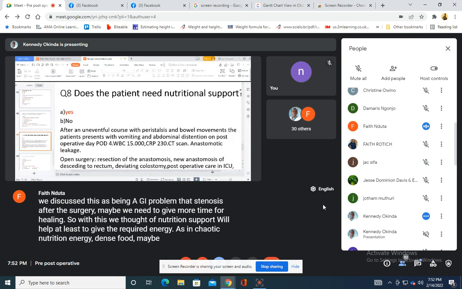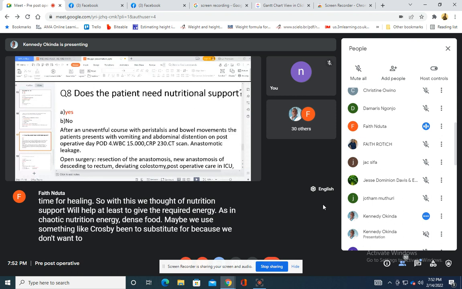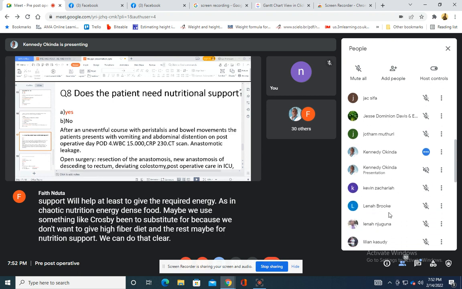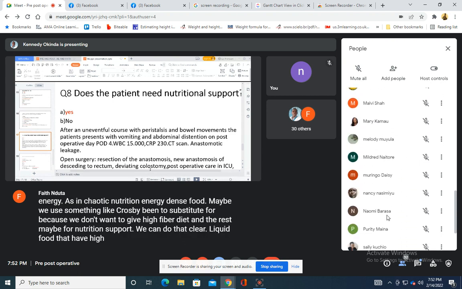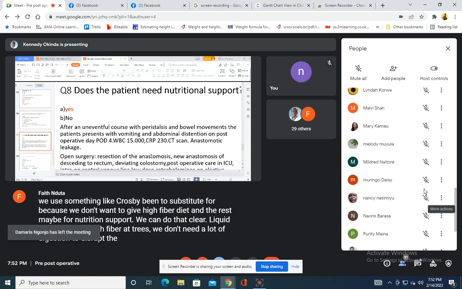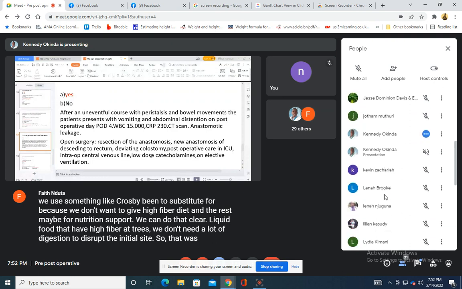Maybe if we use something like bean to substitute for, because we don't want to give a high fiber diet, for nutrition support we can do clear liquid food with low fiber. At least we don't need a lot of digestion to disrupt the incision site. So that was our discussion.